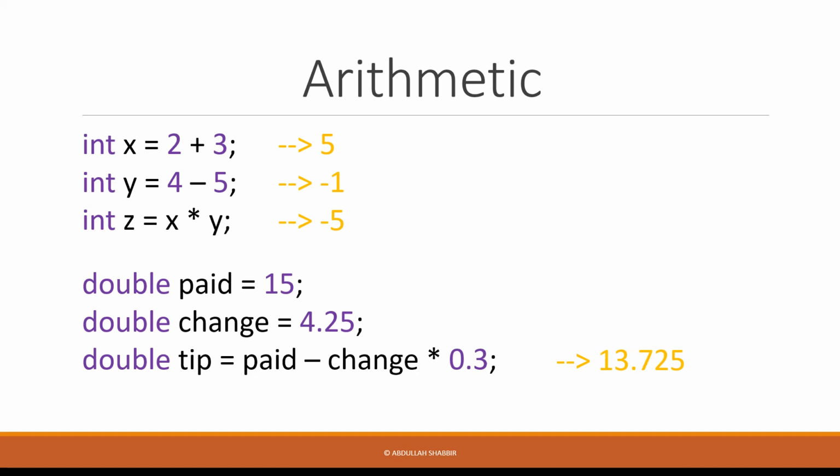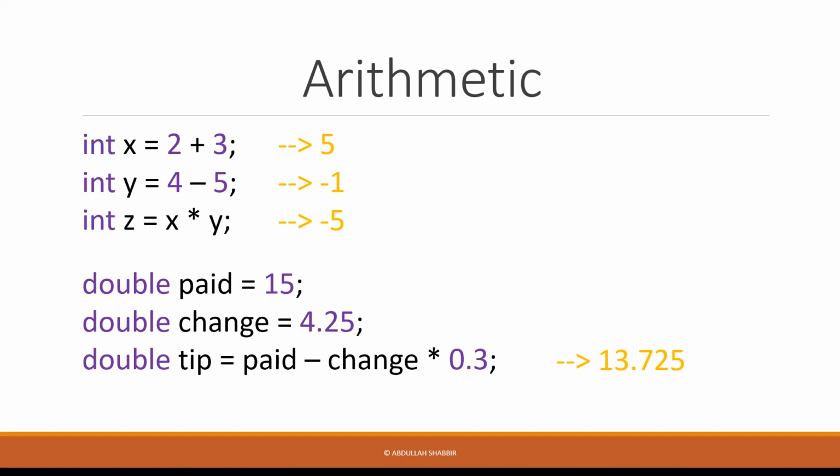But if I didn't have those parentheses, the computer always prioritizes multiplication and division over addition and subtraction, which means once it sees a statement like this, it would perform that multiplication part before it performs the subtraction, calculating the value of 1.275 and then subtracting that from 15, giving the result of 13.725.